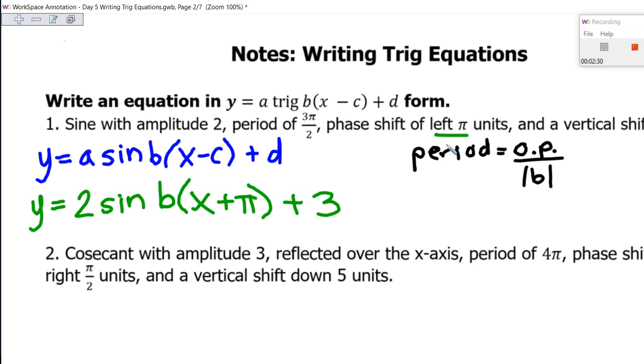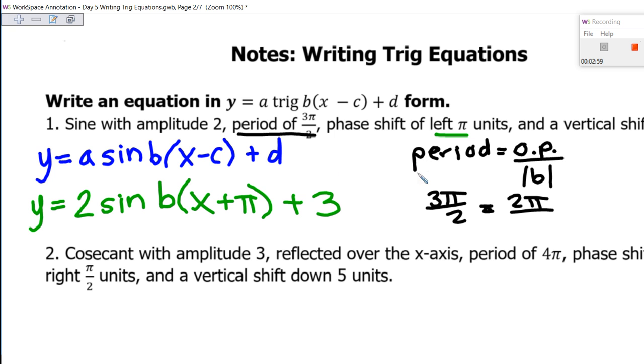So what we're going to do, we're going to use that formula and solve it for b to find the b value for our equation. So for this problem, they told us that the period is 3 pi over 2. So where it says period, we need to replace that with 3 pi over 2. Now, what is the original period for the sine function? 2 pi.